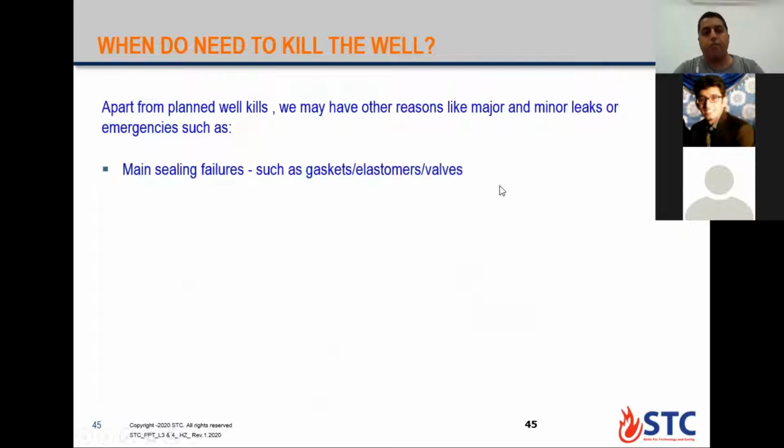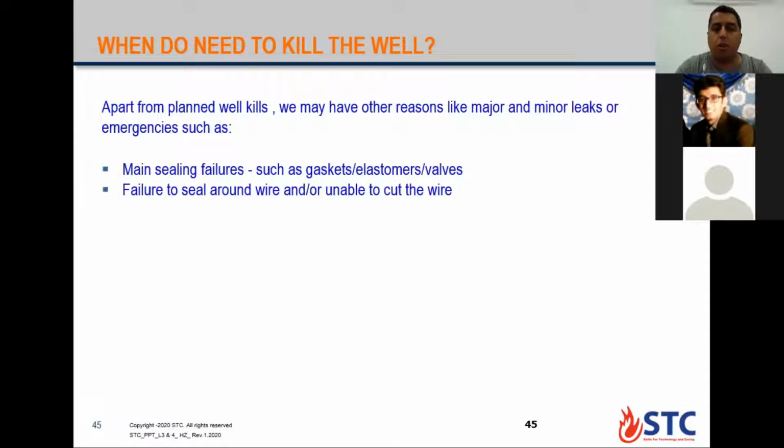Like main sealing failure, ring gasket, elastomer or valve, so we need to pump kill fluid inside the well to stop flowing, or failure to seal around the wire or unable to cut the wire. So you have the option to kill the well before you cut the pipe or the wireline. If the well intervention tool is stuck across the BOP, one option is to kill from the Christmas tree.